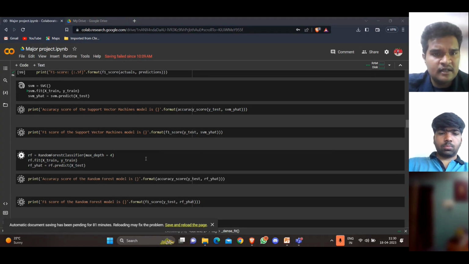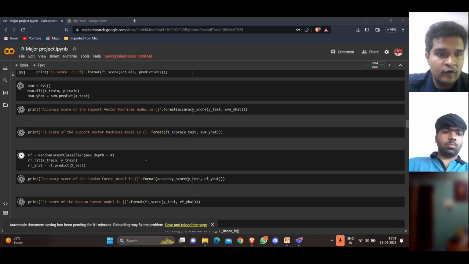The next one is the decision tree. This algorithm is a non-parametric supervised learning method used for classification tasks. Decision trees are used to build a model that predicts the outcome based on a set of rules.